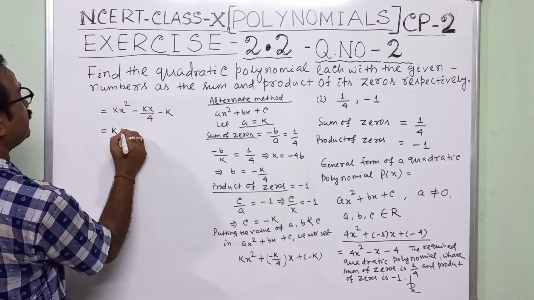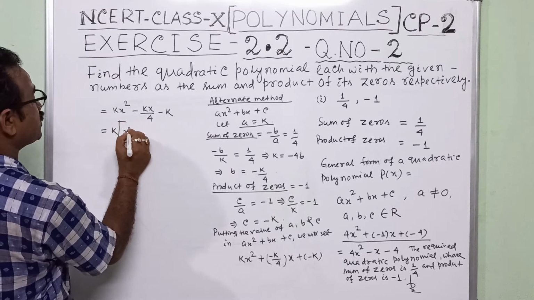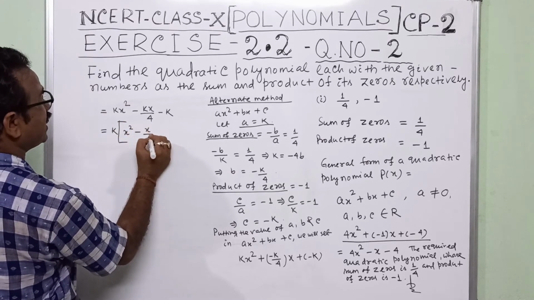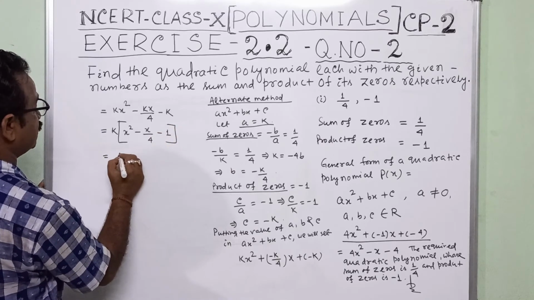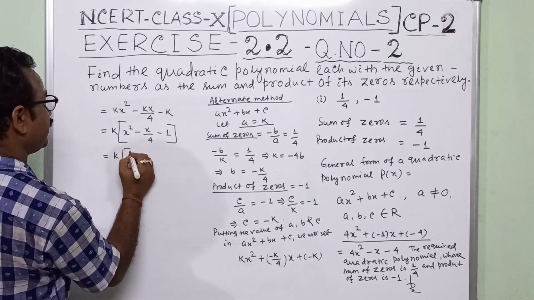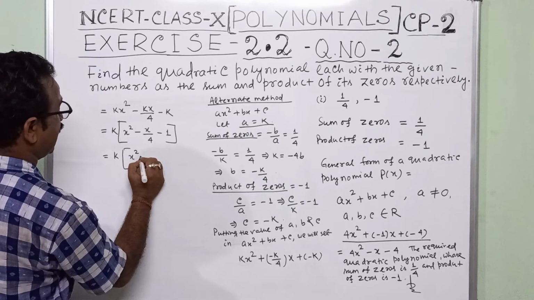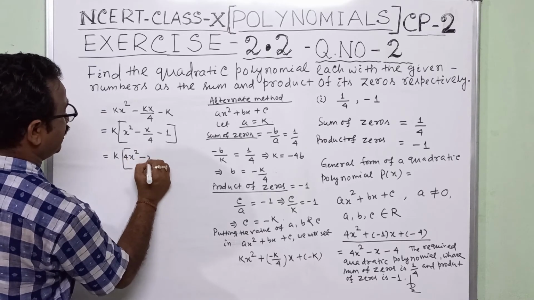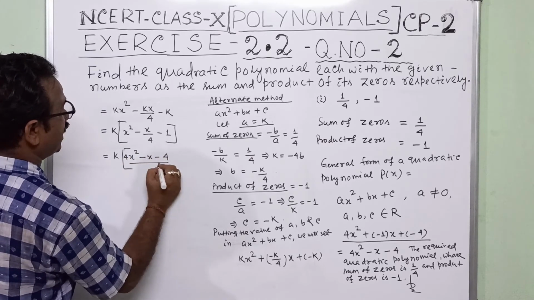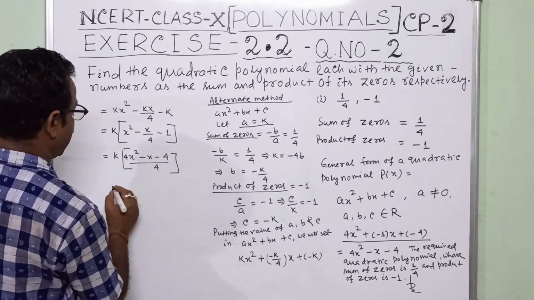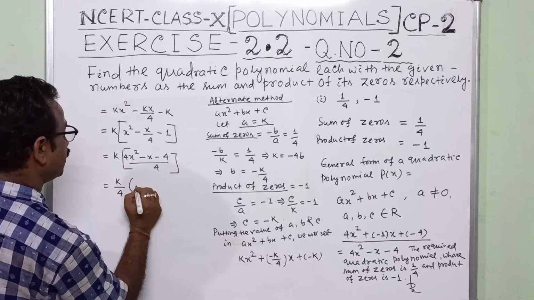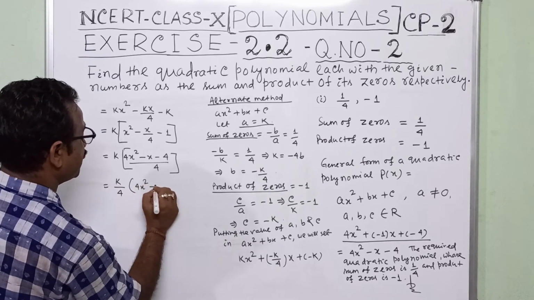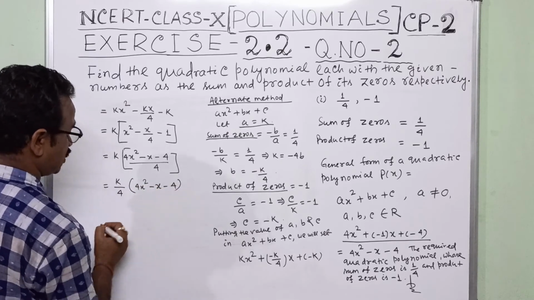K common: k into x square minus x by 4 minus 1. That is equal to k into 4x square minus x minus 4 by 4, taking LCM, that is equal to k by 4 into 4x square minus x minus 4.